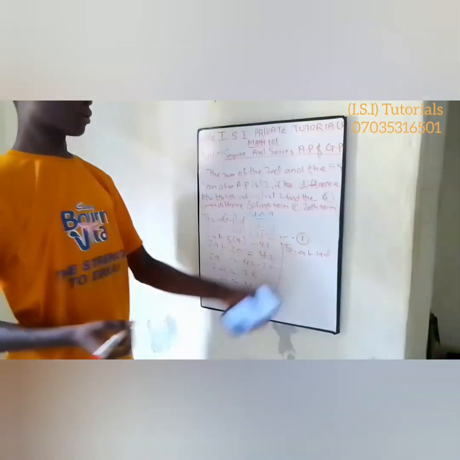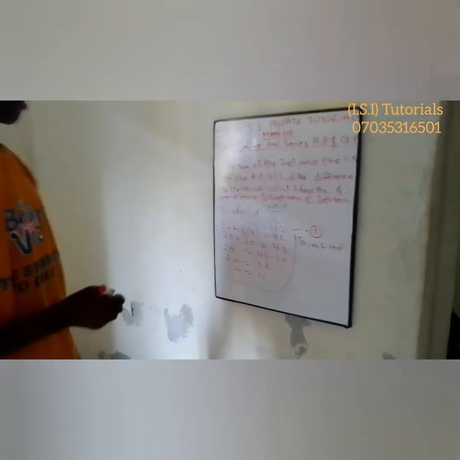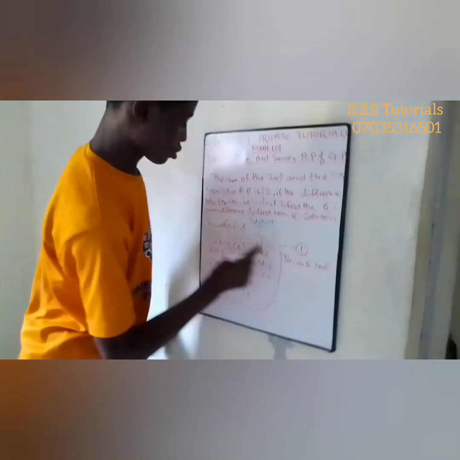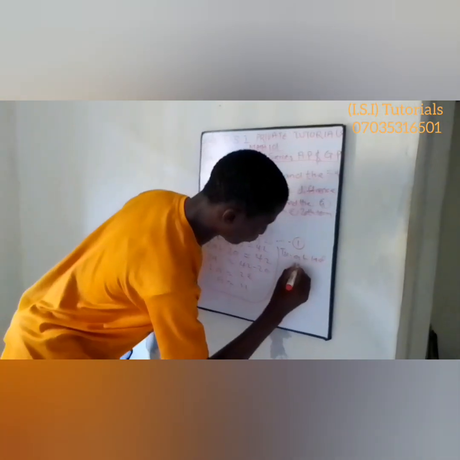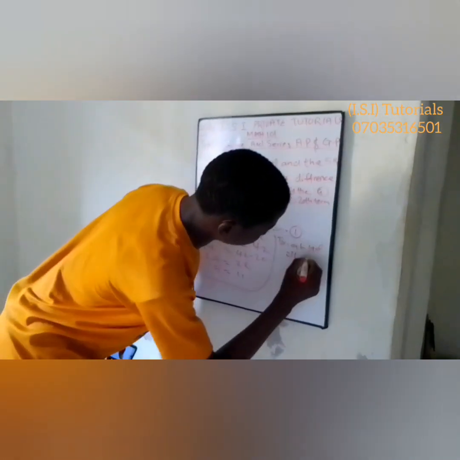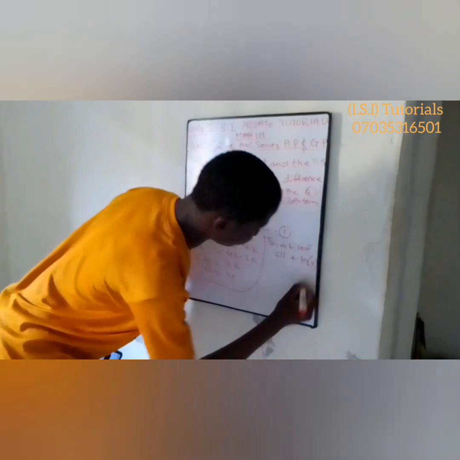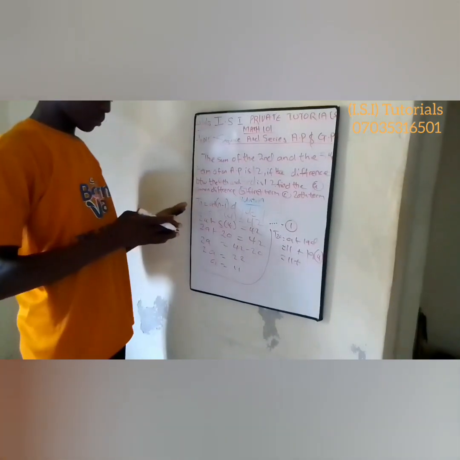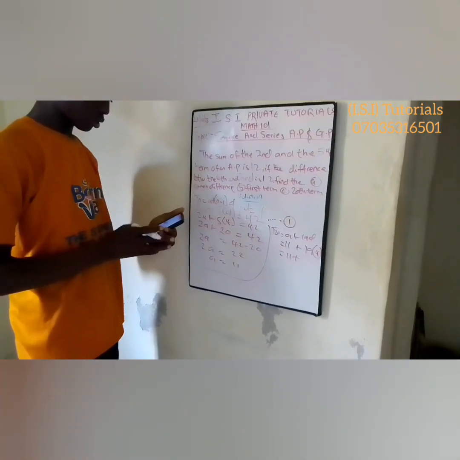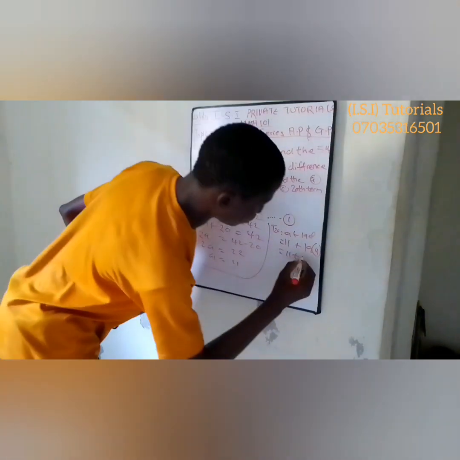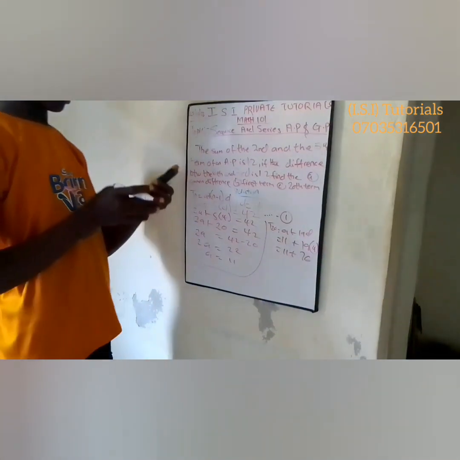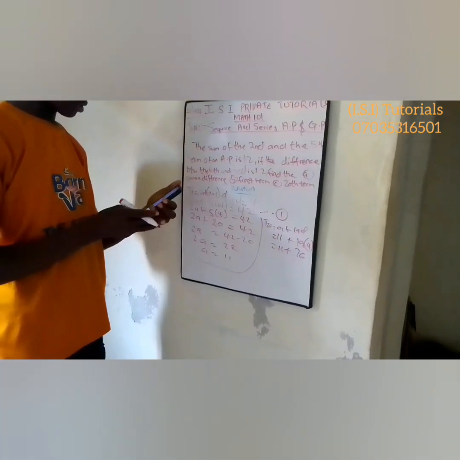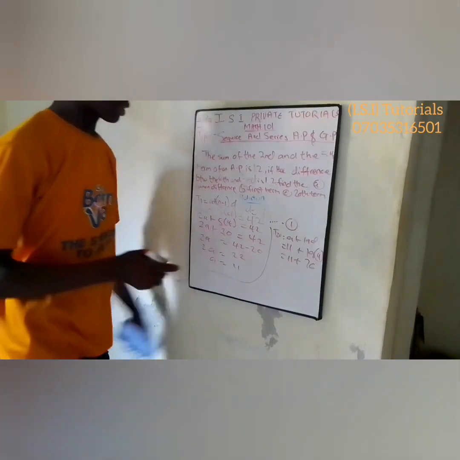This is the formula for the 20th term. A equals 11, plus 19 times 4. 19 times 4 is 76, so 76 plus 11 is 87.